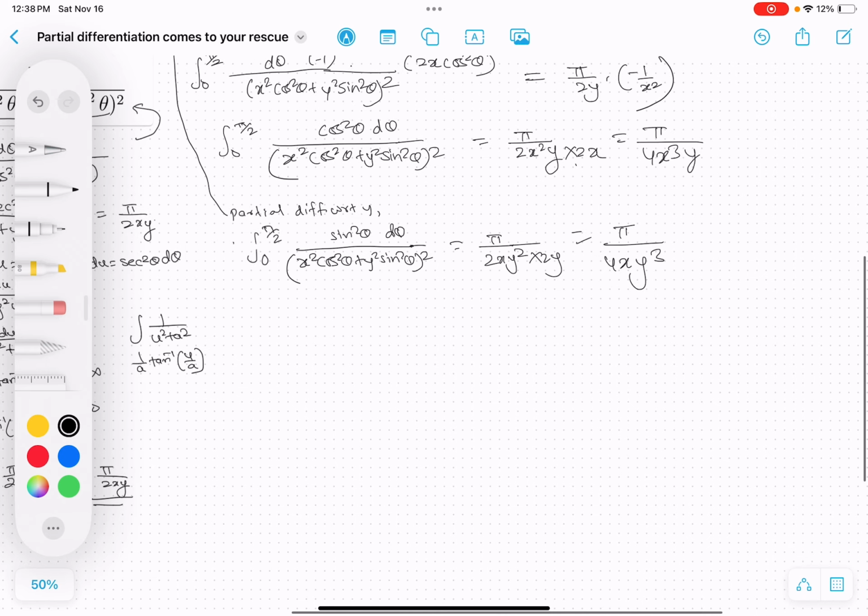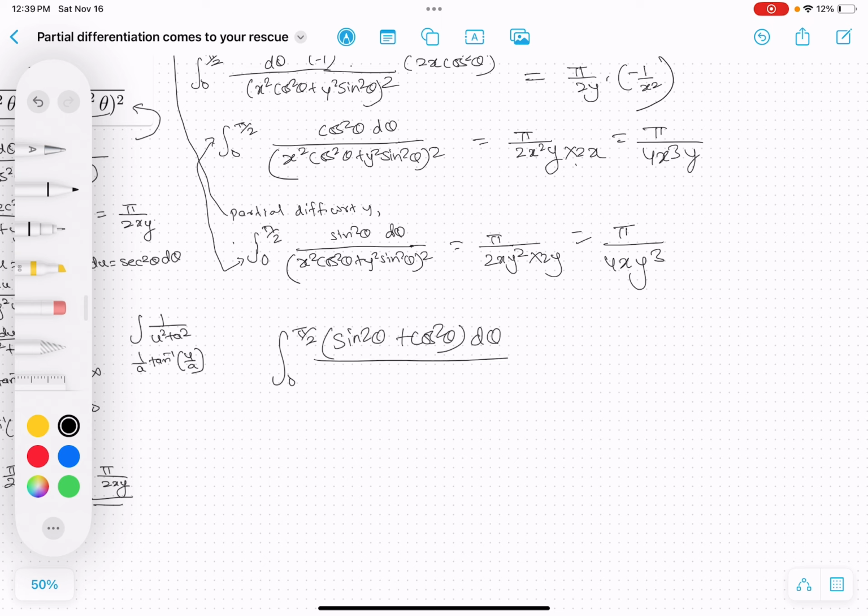Now, since these two integrals have the same limits and the same denominators, if we add these two, the numerators will just be added. Sin square theta plus cos square theta d theta divided by (x square cos square theta plus y square sin square theta) whole square. And this is going to be the sum of these two results, so pi by 4x cube y plus pi by 4xy cube.